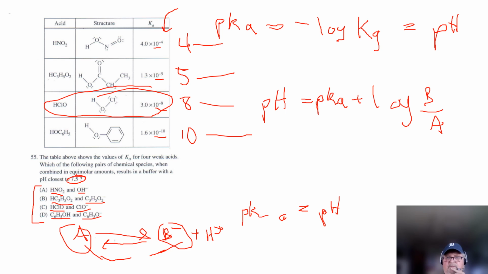So B and A are the same, so the ratio is 1. Log of 1 is 0, so this term goes away, and pH is equal to pKa. Then all you have to do is figure out the pKa from the Ka's, and if you know the pKa's, you know the pH. All right, so that's it for number 55.